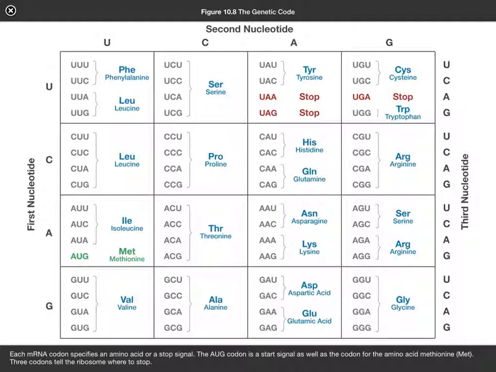How many different amino acids are there? At least 7. Well, 16. Phenylalanine, leucine, serine, tyrosine, cysteine, tryptophan. Oh, yes, the stuff that makes you sleepy in turkey. That's the stuff. Arginine.